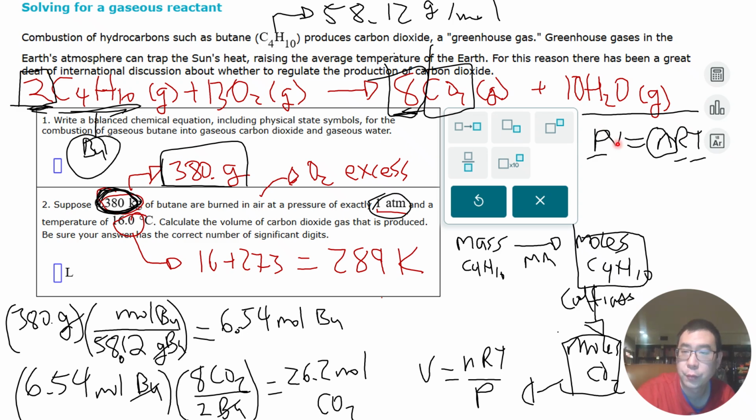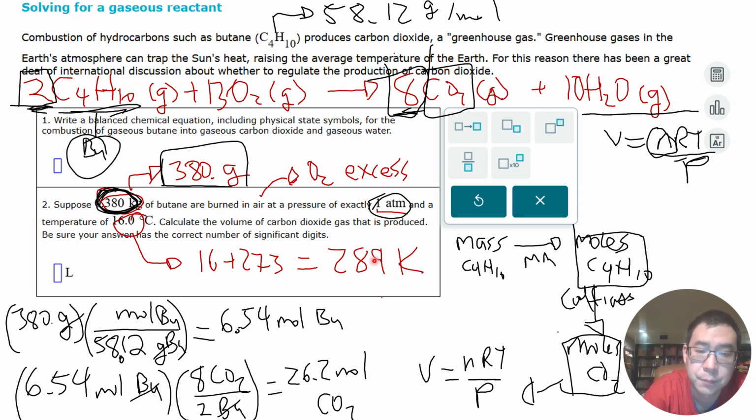I've divided both sides of the ideal gas law by P, and I got V equals nRT over P. And I plug in n for my moles, and R, I'm still going to use 0.08206 because it's atmospheres.